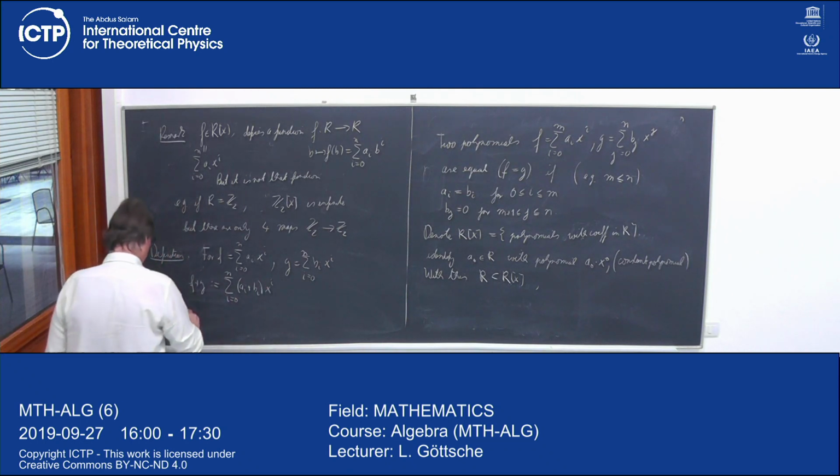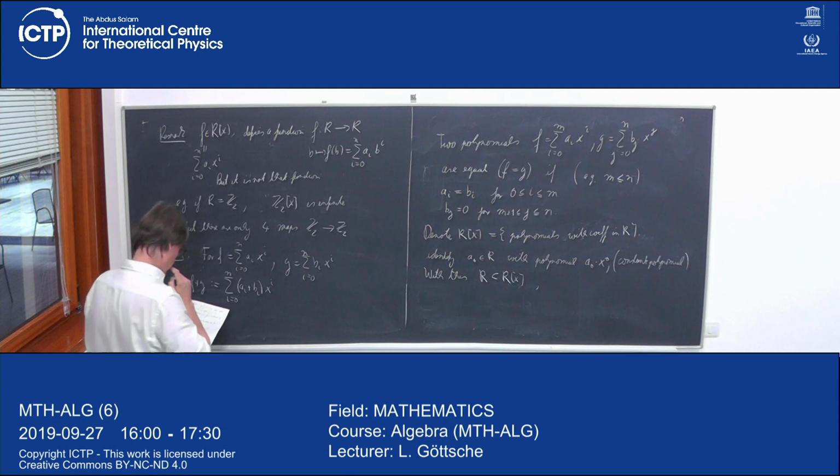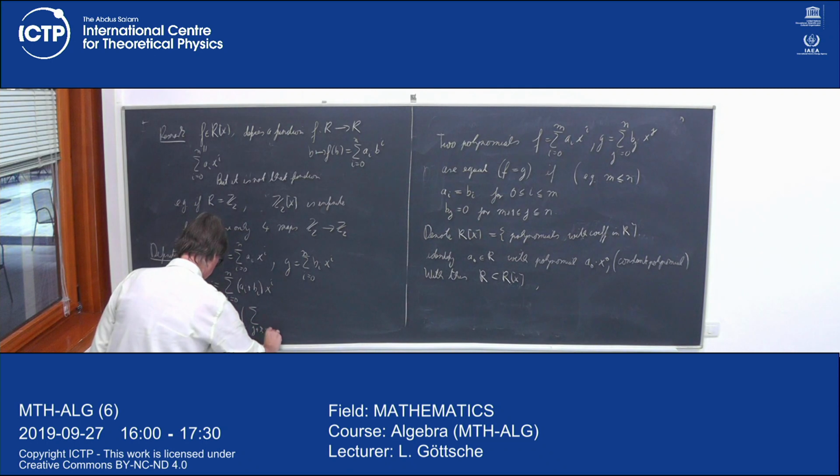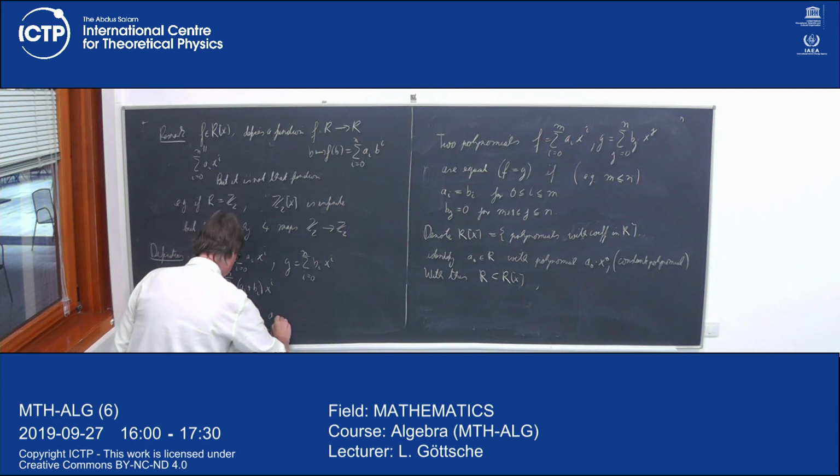More interesting is the product. So I first write it out. This is the sum i equals 0 to n, the sum over all j plus k equal to i, of a_j b_k times x^i.